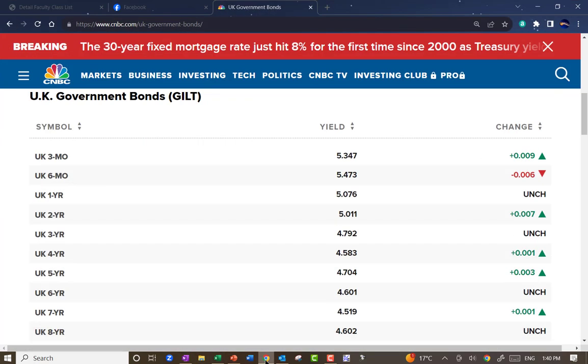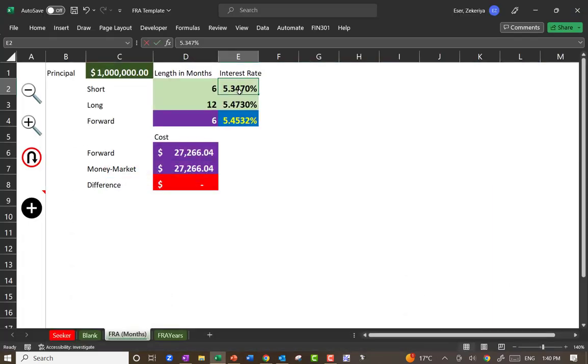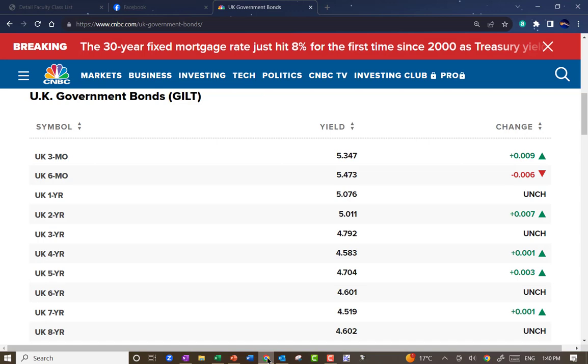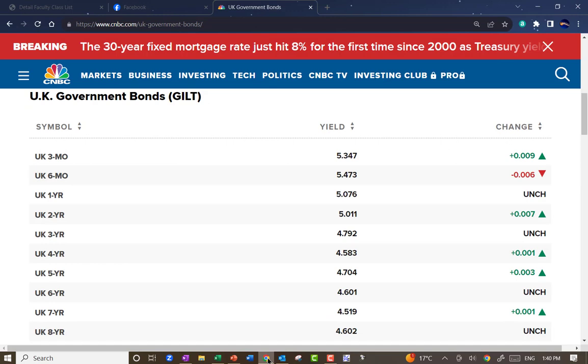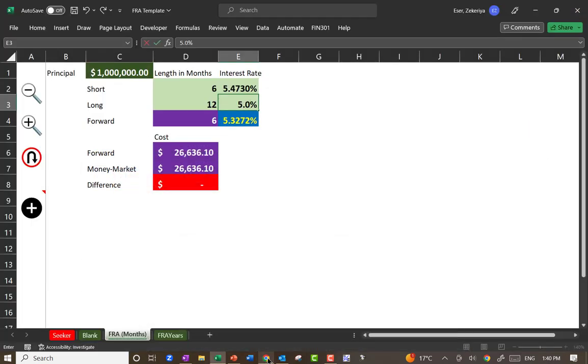Let's do the 6 and 12 month. So in this case, this rate refers to a 6-month rate that starts 6 months from now.